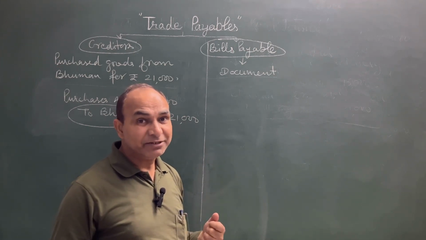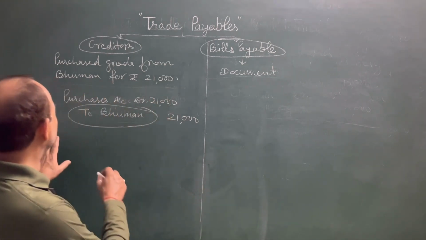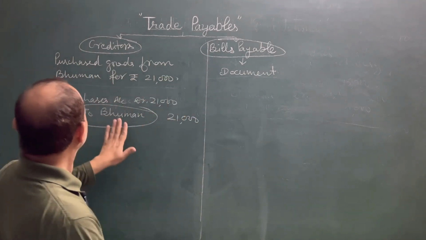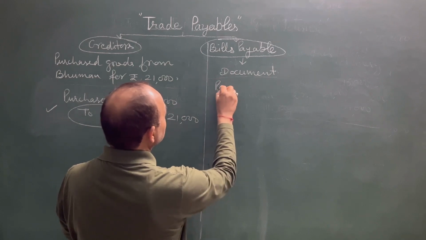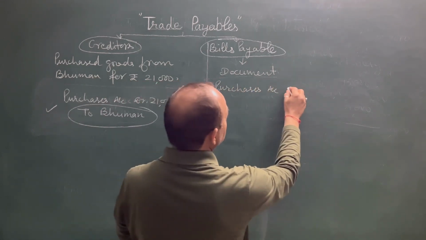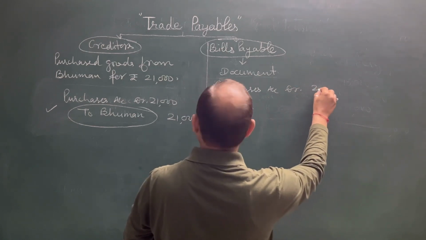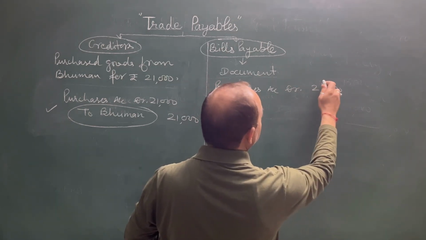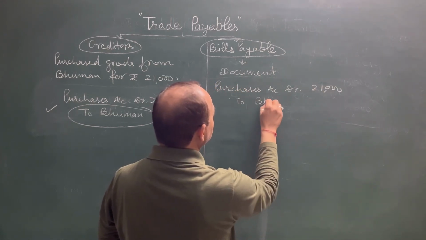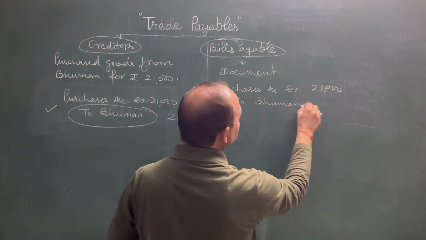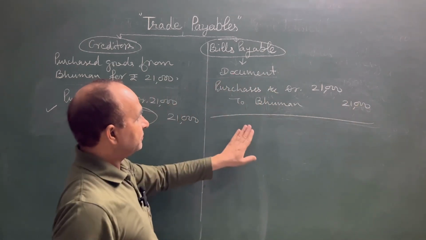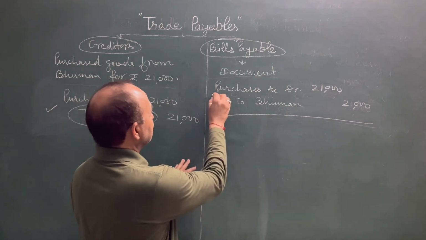What will be the journal entry for it? First entry is same, students. Suppose the same example we are going to take here. First entry will be purchases account debit to Bhuman. Whenever a credit transaction takes place, it will be recorded in the same manner. As far as accounting recording is concerned, purchases account debit to Bhuman 21,000. We bought goods from Bhuman for 21,000, the first journal entry.